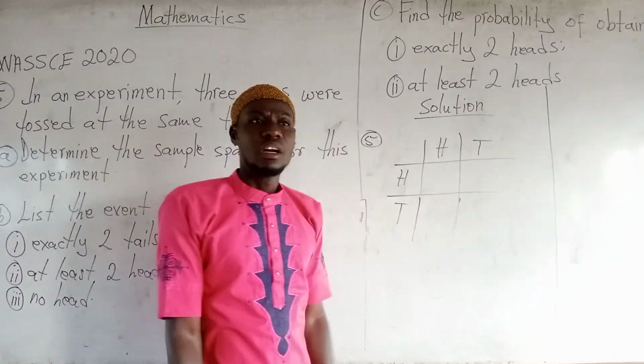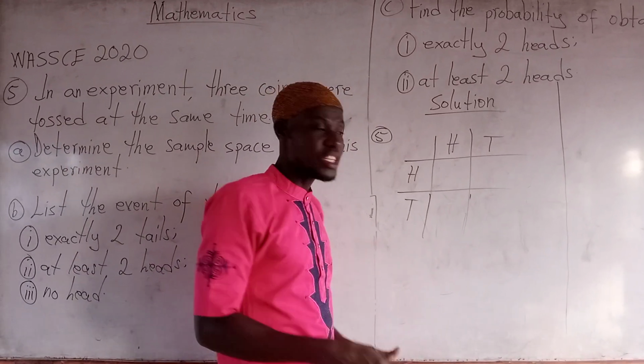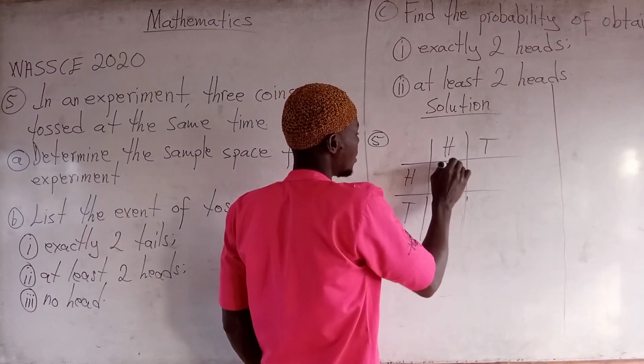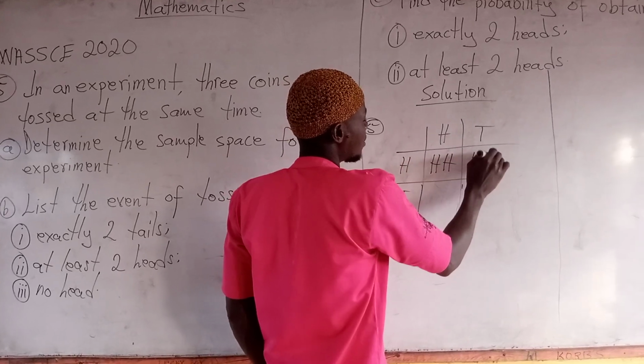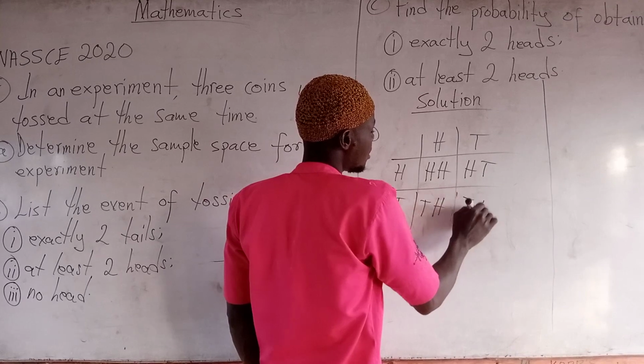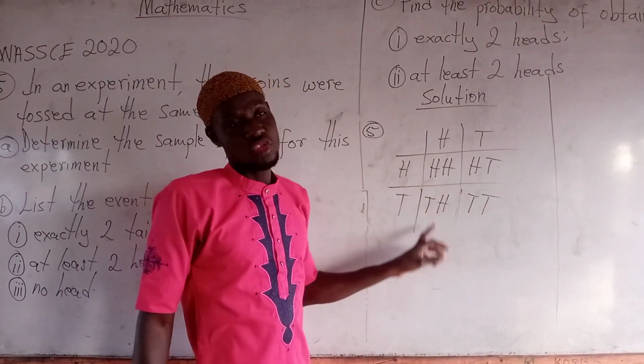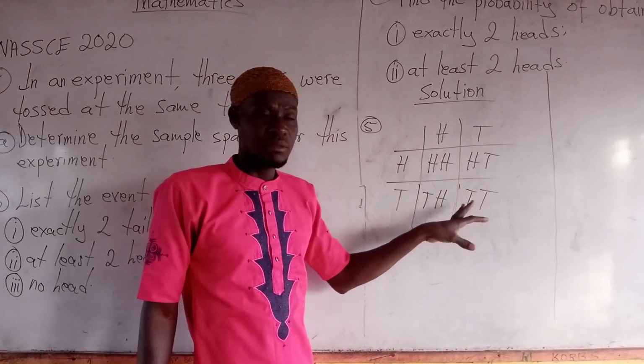and these coins are tossed at the same time, the sample space will be head, head, head, tail, tail, head, and tail, tail. So this will be the sample space for throwing 2 coins at the same time.